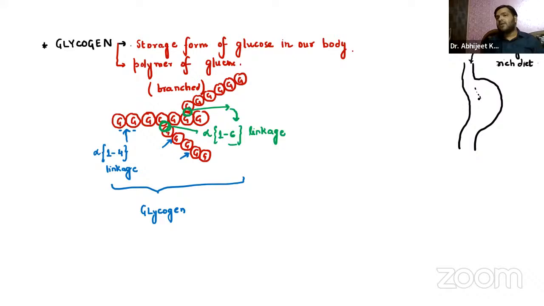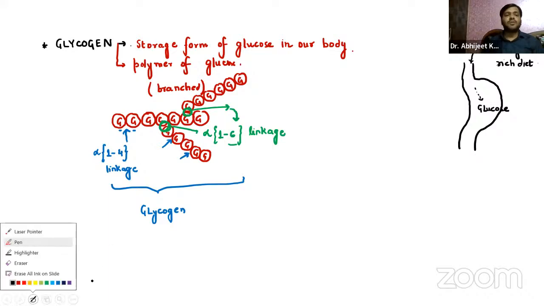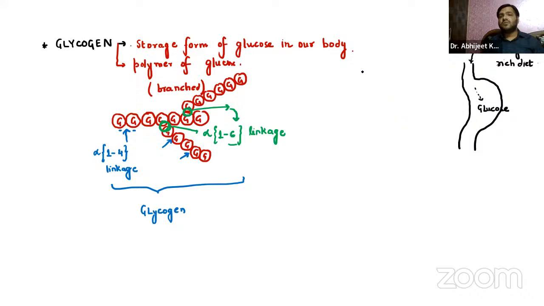Now, this maltose, sucrose, lactose will be broken down into glucose, galactose, and fructose. Right now, I'm talking about this glucose. This glucose will go into liver.